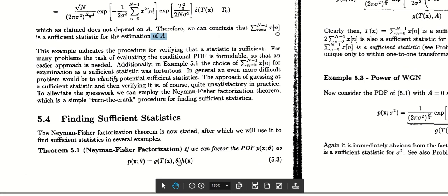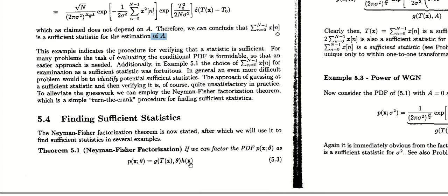If theta has to interact with x, it has to be through this T of x. The other aspect is, if you take a look at h of x, there is no theta, the unknown parameter, in h.